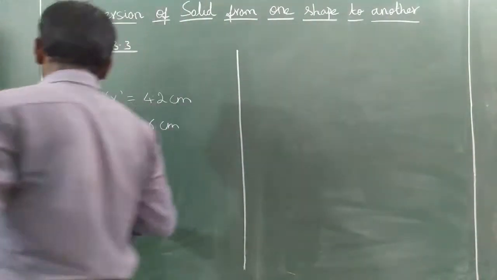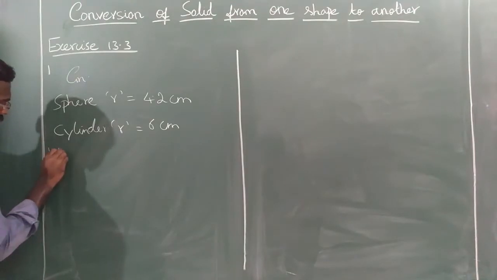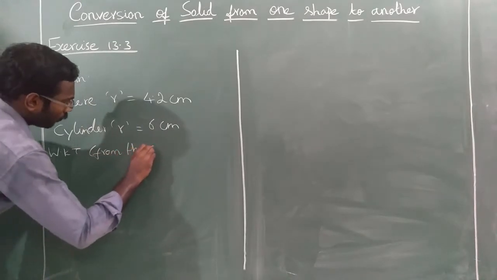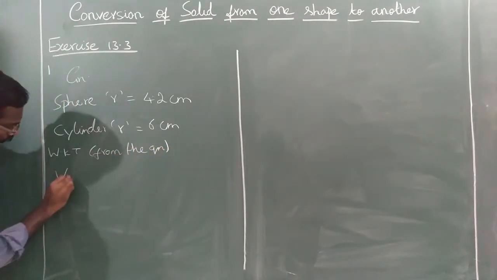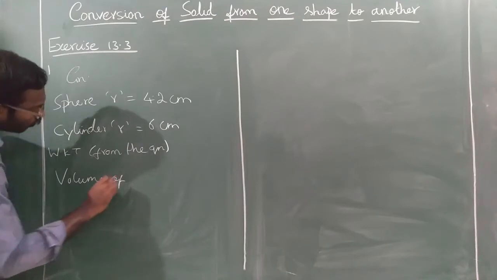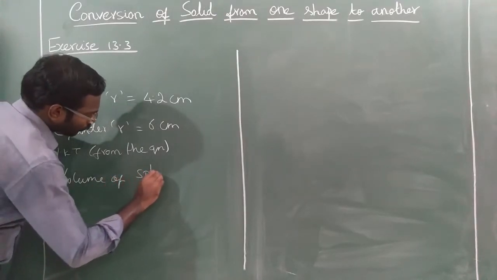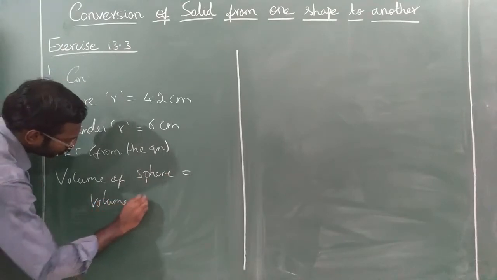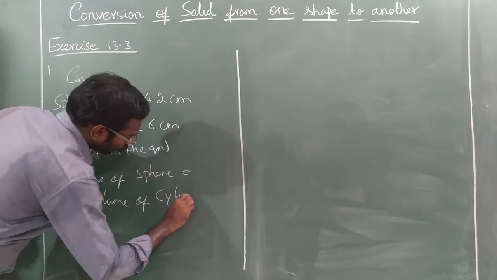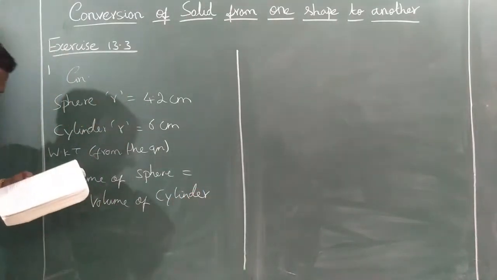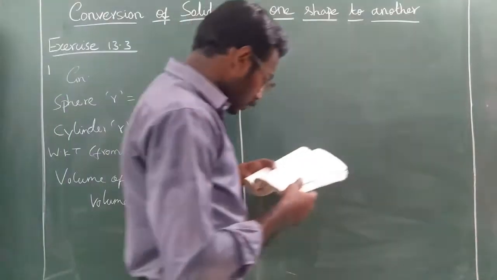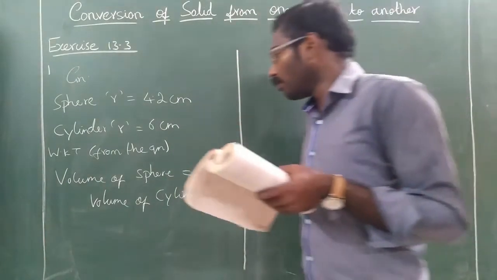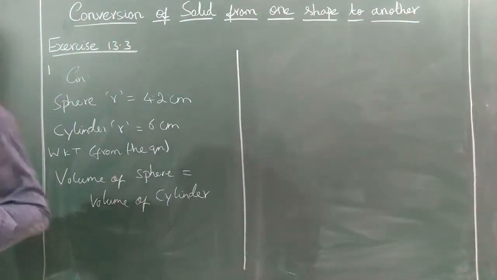That is, from the question, volume of sphere is equal to volume of cylinder. Why are both equal? Because from the same material which was used for making the metallic sphere, now the cylinder is made. Therefore, the volume of sphere will be equal to the volume of the cylinder.